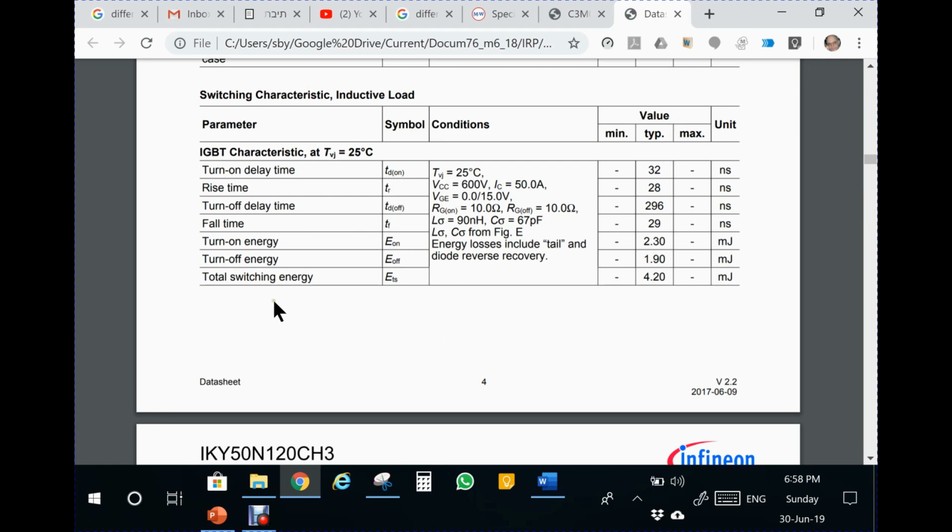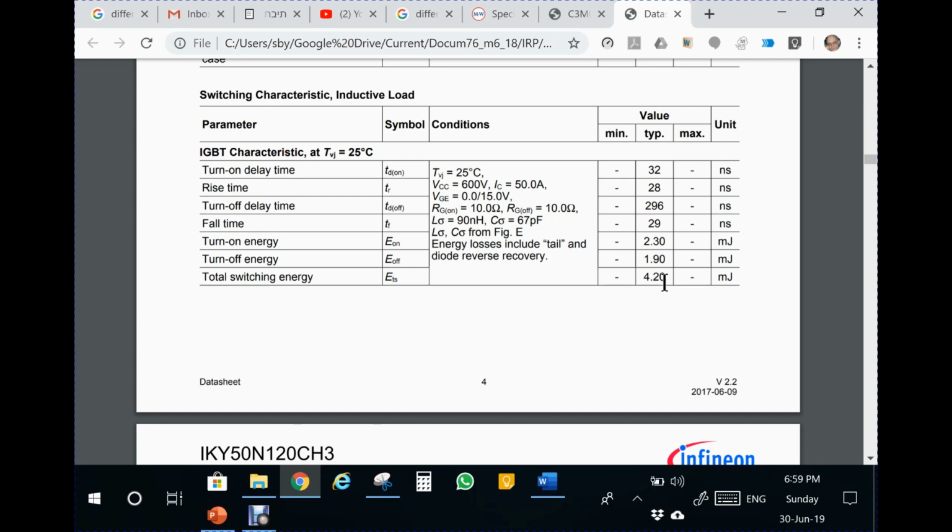Now we see here the turn on energy is 2.3 millijoules, and the total switching energy is 4.